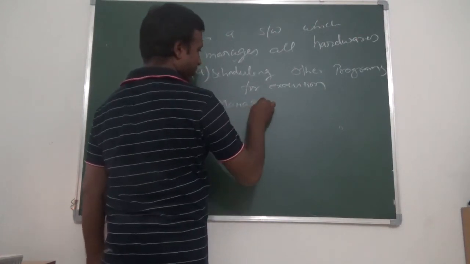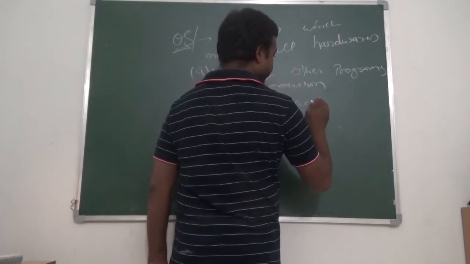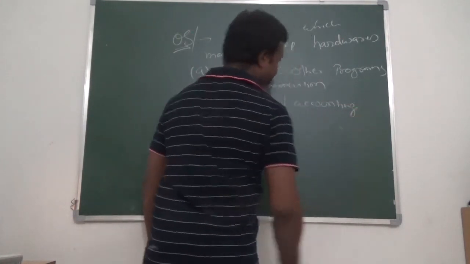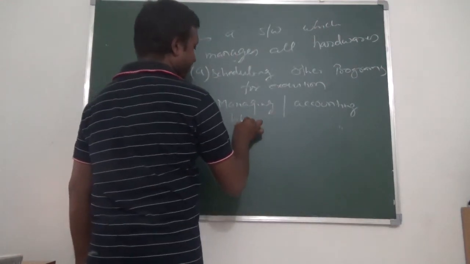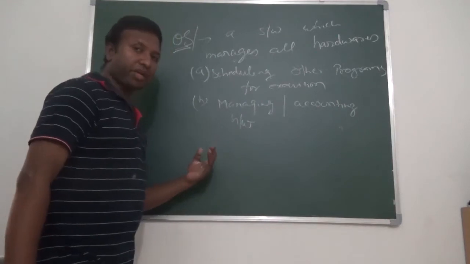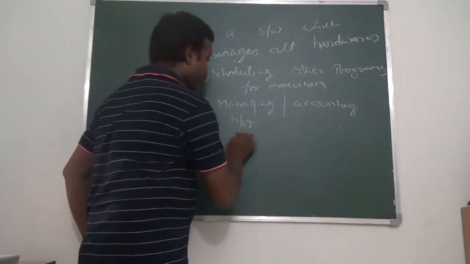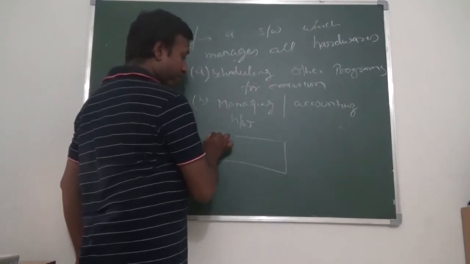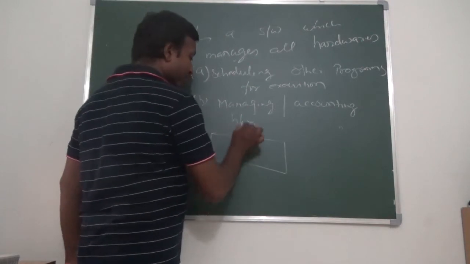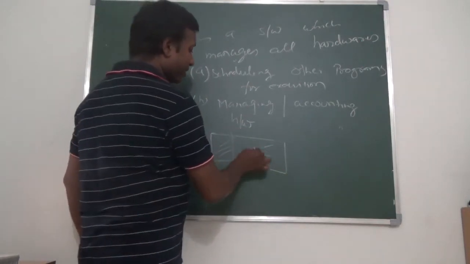Managing and accounting other hardwares. So managing is one task, and also there is an accounting purpose, like if we have, suppose, 1 GB RAM or 1 MB RAM, then how much RAM is currently used and how much RAM is free.